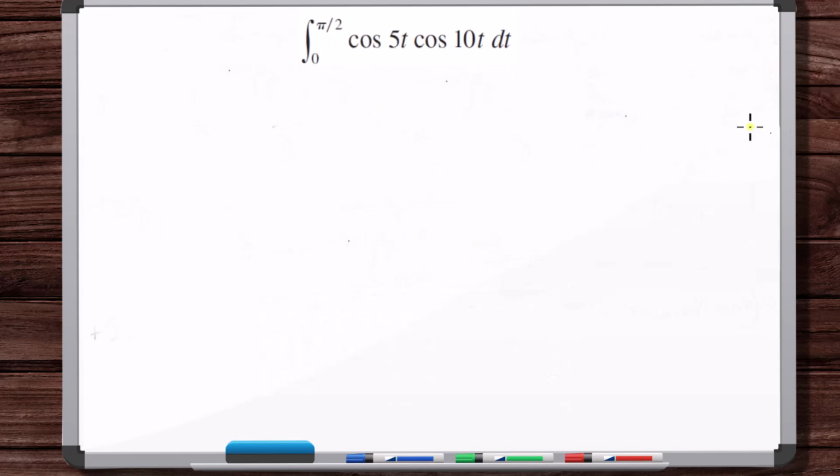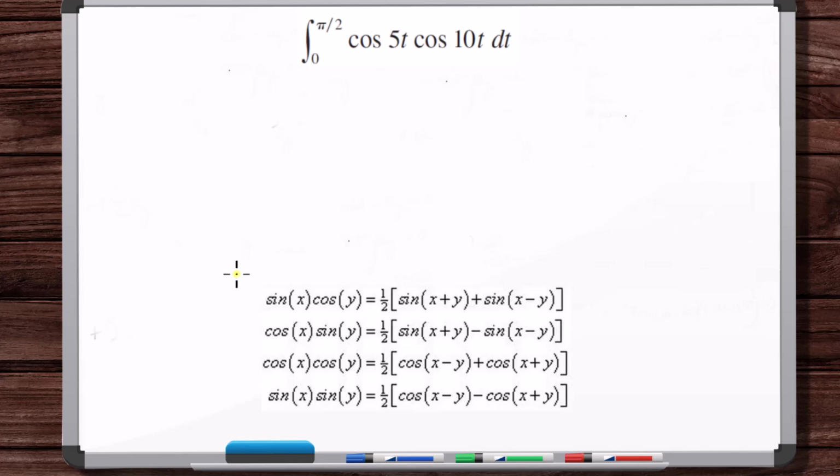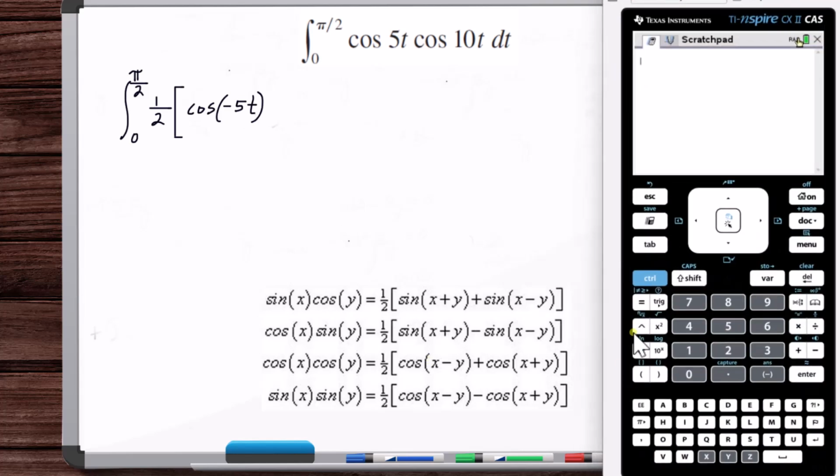Okay, same type of process. Let's reference these trig identities. Here we've got cosine of something times cosine of something. So we've got 1/2 cosine of this minus this. So cosine of minus 5t, and that's going to be cosine of 5t, since cosine is an even function, right?